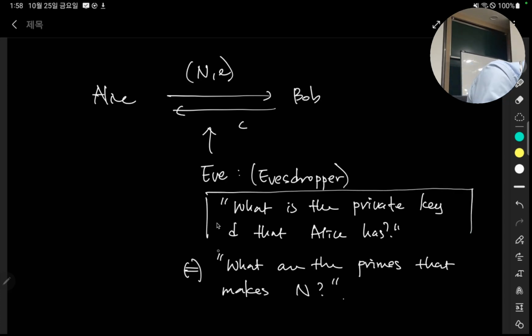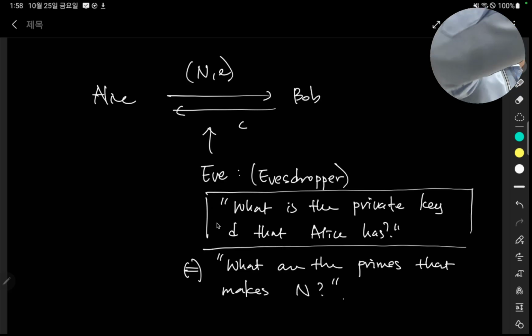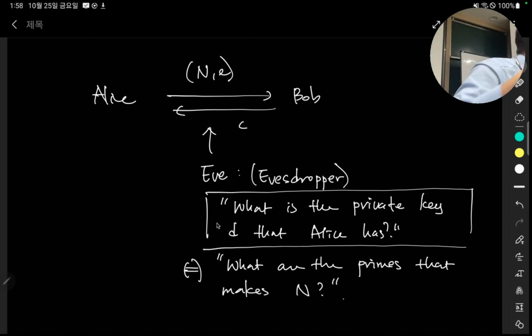Assuming that there's no other way of finding this key, Eve has to guess it. The only way he can find out what D is, is to guess. But he cannot try out numbers from one to a large number, because it will take lots of time.